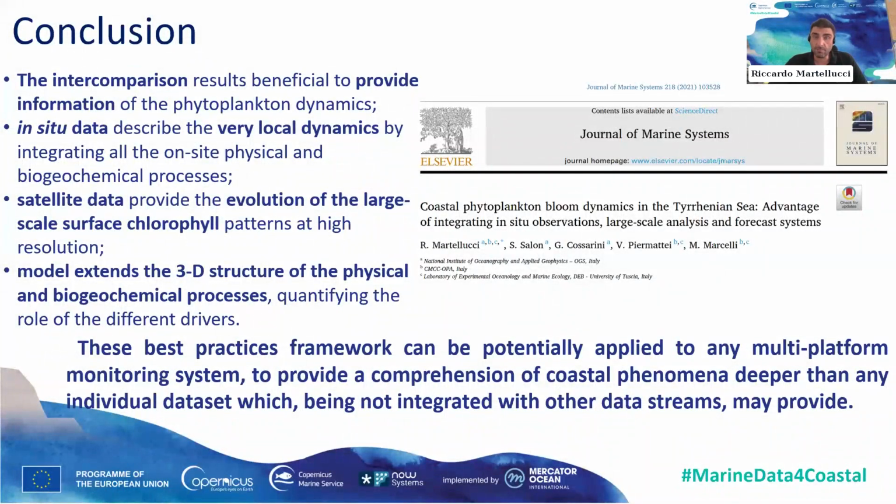Another important thing is that this method can potentially be applied to any multi-platform monitoring system, and not only for phytoplankton dynamics, but you can also consider physics to deeply understand the coastal processes at different time scales. Thank you.